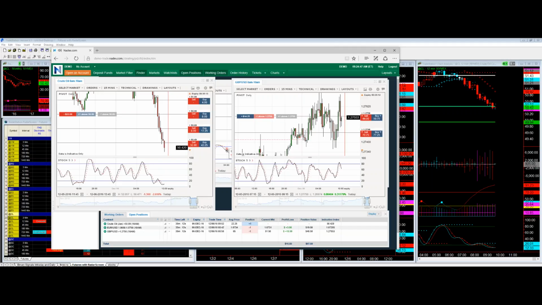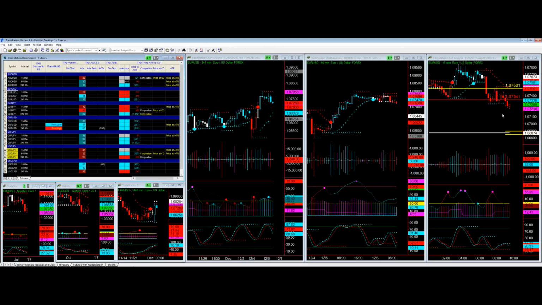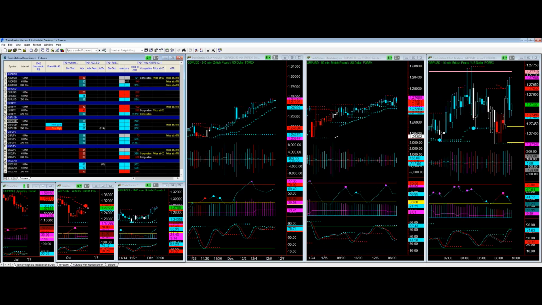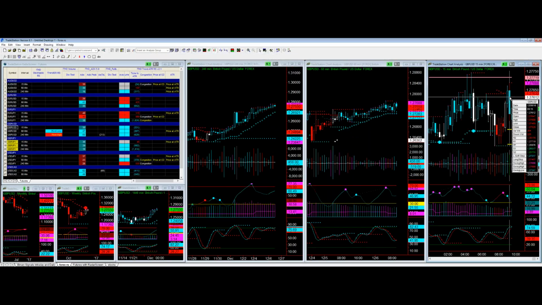Alright, I'm back and I want to go check the Forex. I don't like the way that bar is forming. The reason that I don't like it is this is a reversal bar, and that tells me we should make a new low here, and we're not doing that.